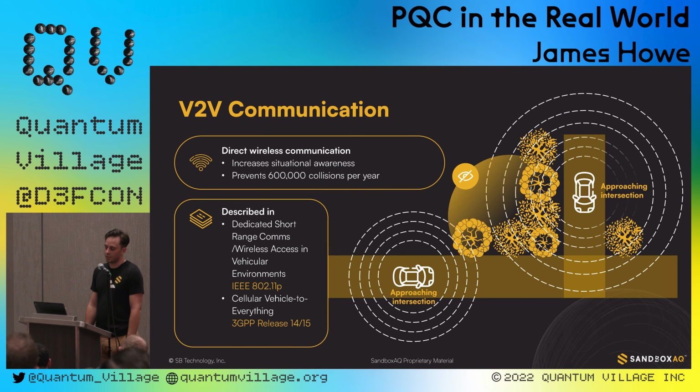Another use case that we're considering is vehicle-to-vehicle communications. So one thing that's really key with them is the bandwidth restriction. They were, as a lot of other products, designed around the low bandwidth you get with elliptic curves.